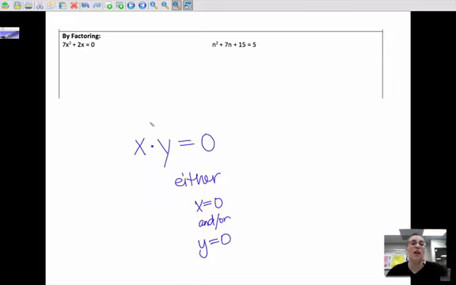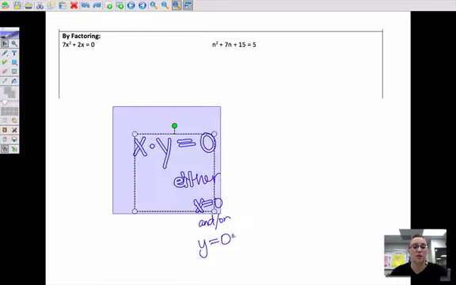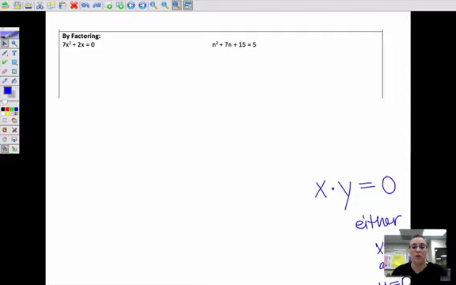So it's saying that x could be any number and it wouldn't matter what it was. If y was 0, you're going to get 0. Or it wouldn't matter what y was, let's say it was negative 5. If your x is 0, you're going to get 0. So you know that if the answer to a multiplication problem is 0, then one or the other of the multipliers is 0.